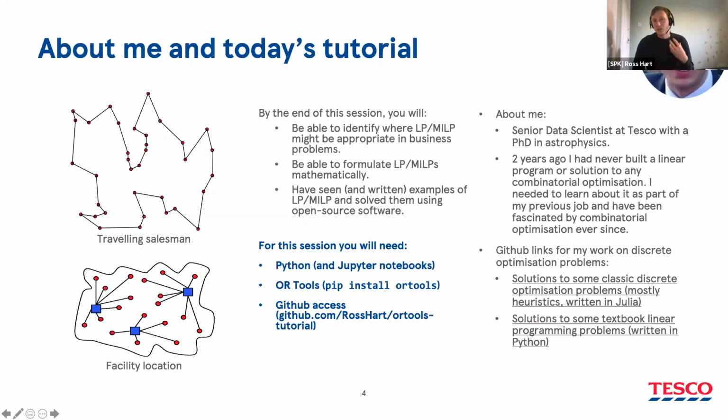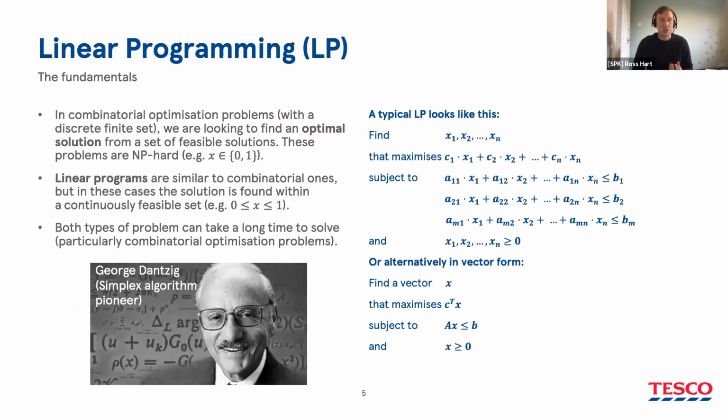So that's the end of the main introductory part. But now I'm going to go into the first real technical part of the talk, which is a little bit of background into linear programming and what linear programming is, and also what operations research is, on a broader scale. So in optimization, what we're typically concerned about are often things called combinatorial optimization problems.